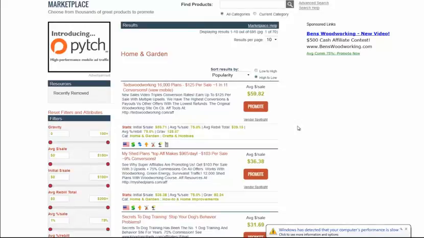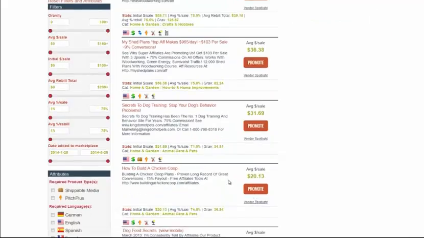Now, in terms of gravity, I'm going to give you a couple of parameters for the product that you find. In the original Sniper, I taught people to only promote products with a gravity of over 70.